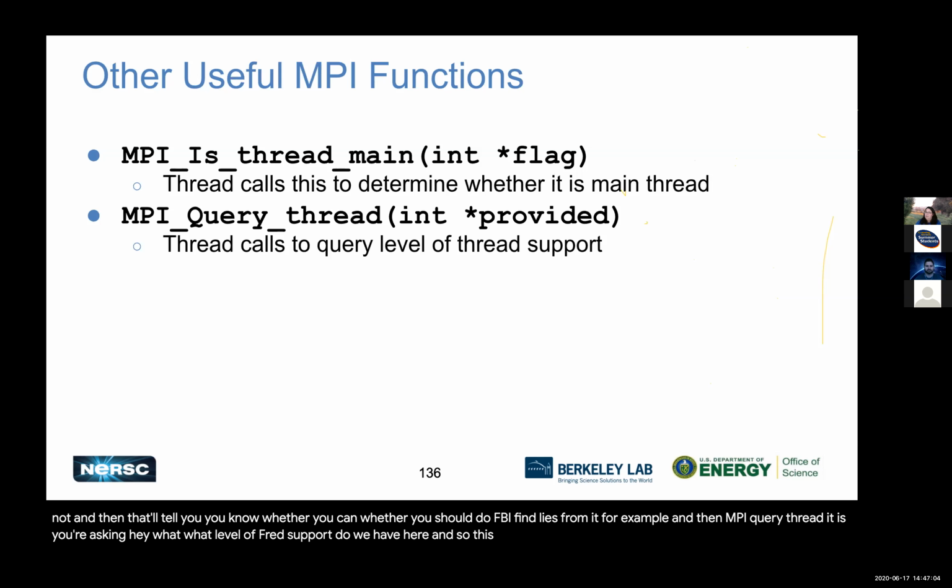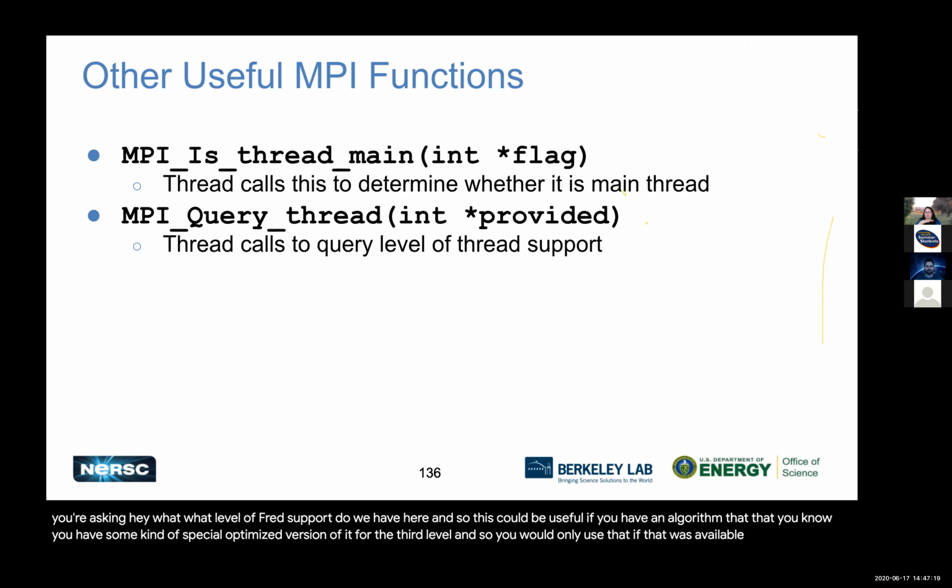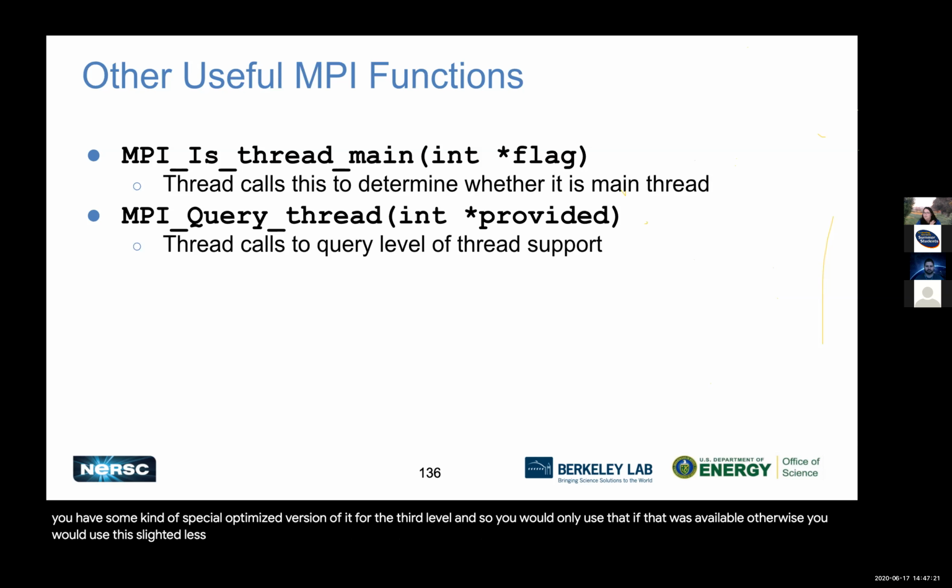This could be useful if you have a special optimized version of an algorithm for the 3rd level, and you would only use that if it was available. Otherwise, you would use a slightly less optimized version.